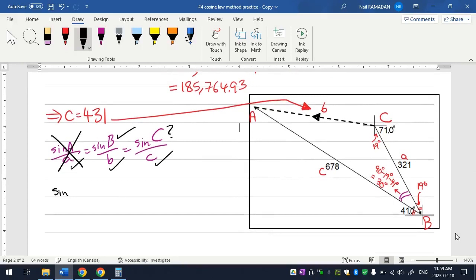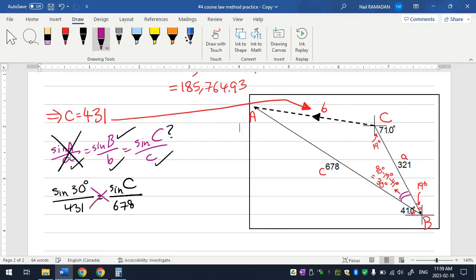So sine of B was found to be 30 degrees, and the length of B we just found to be 431. Sine of C is the one we're trying to find, and C was 678.